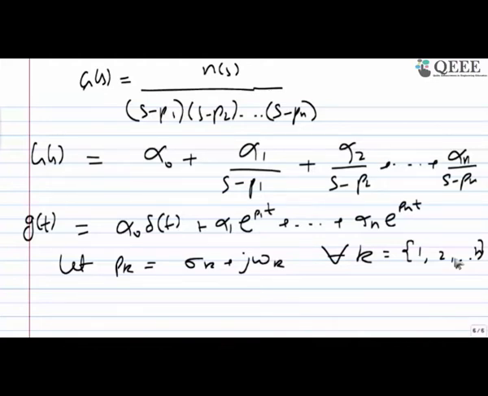Let's see all the components. If I put this p k into the exponential, let's write e to the power p k t and take the modulus of it. What I will get is sigma k plus j omega k.